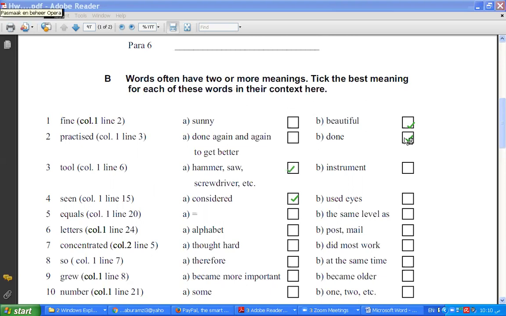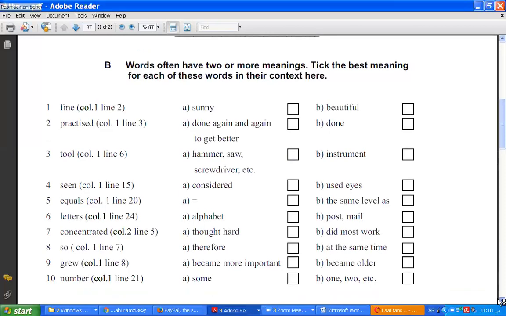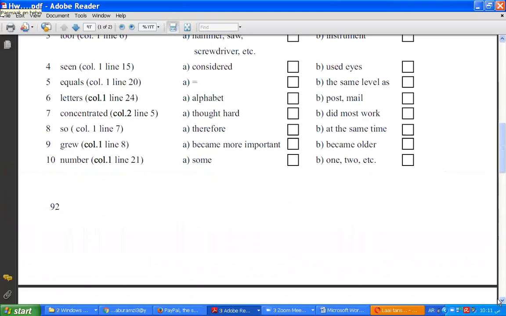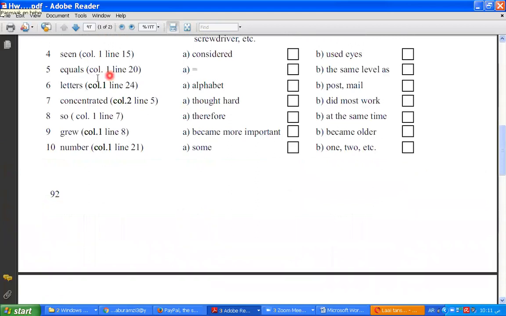Also here, we erase this and go to the next. Equals in column 1, line 20.